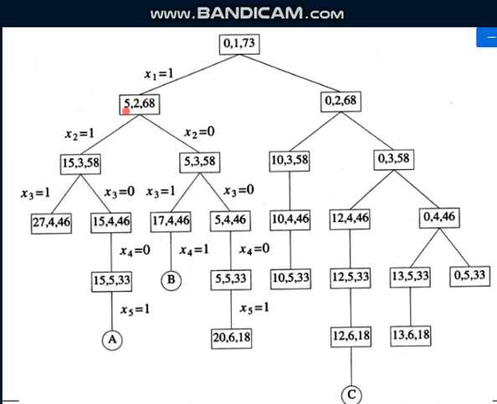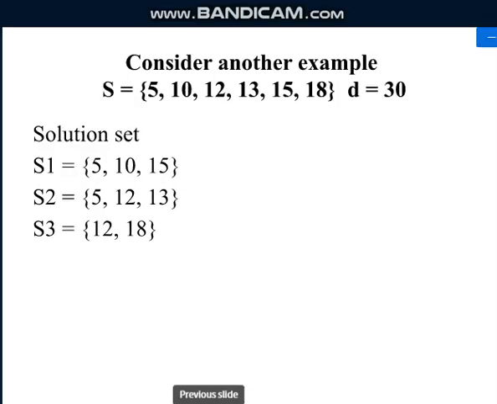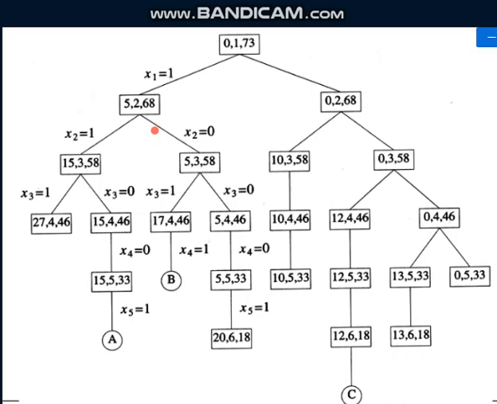So now what is the first element in the set? The first element is 5, isn't it? So you have included 5. So the sum is now 5. Now we will try with the second element.